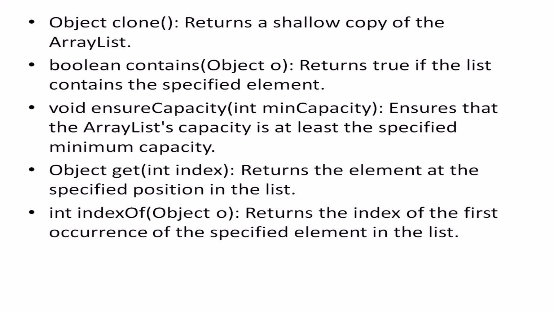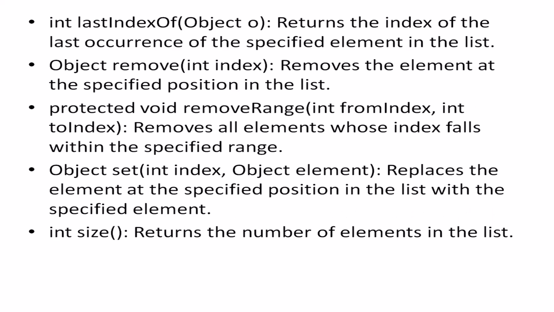Next, Object get(int index), where the index is specified by an integer. It returns the element at the specified position in the list. Next method is int indexOf(Object o). It returns the index of the first occurrence of the specified element in the list. lastIndexOf(Object o) returns the index of the last occurrence of the specified element in the list.